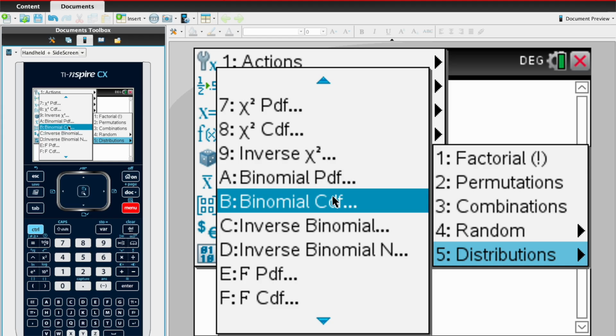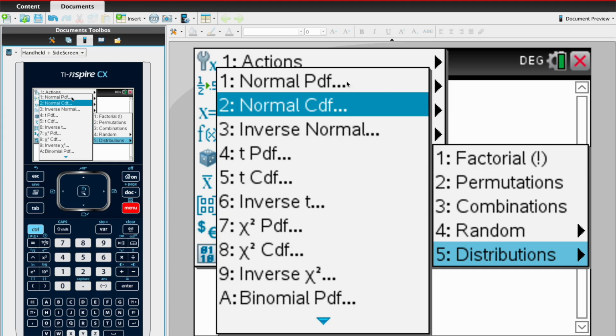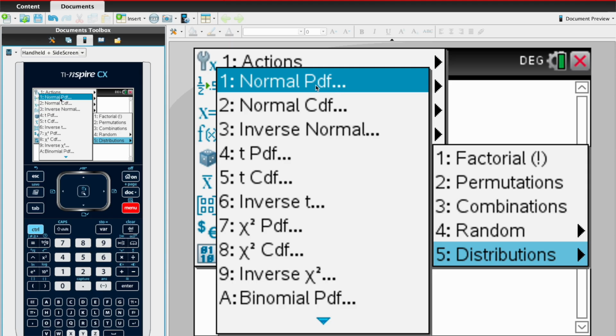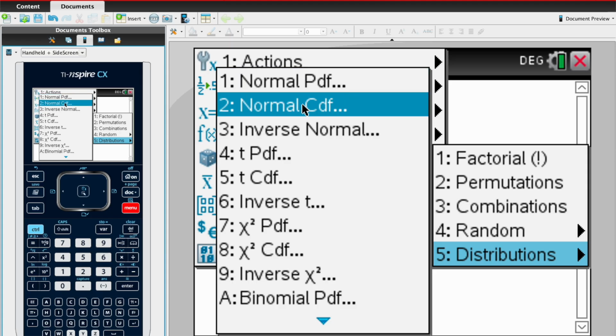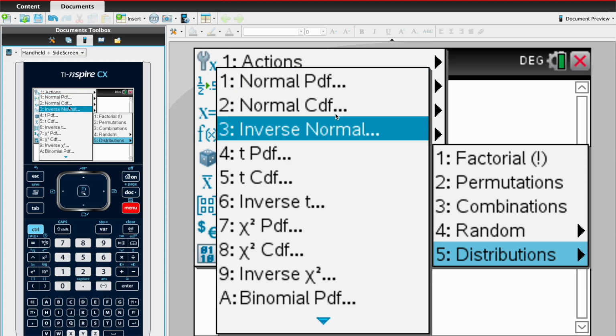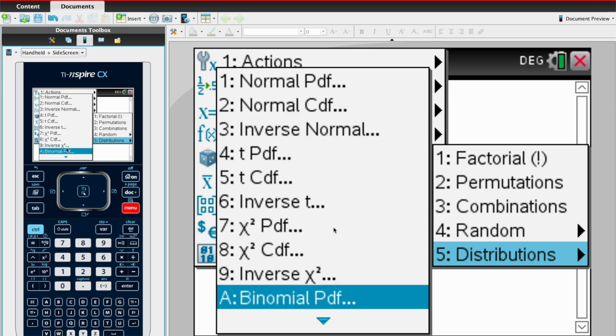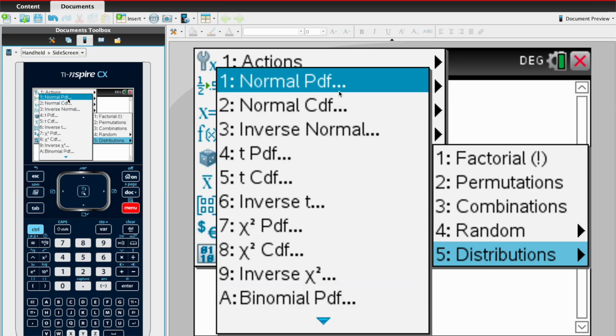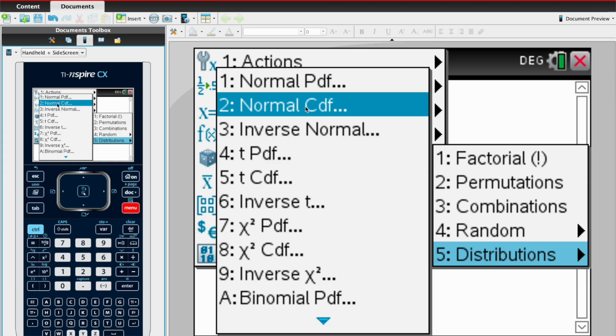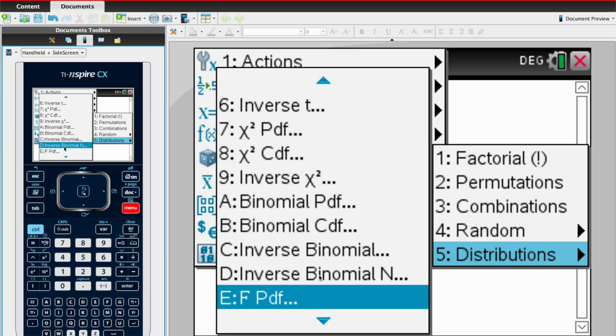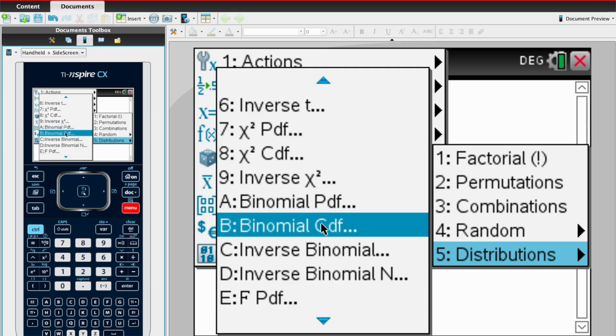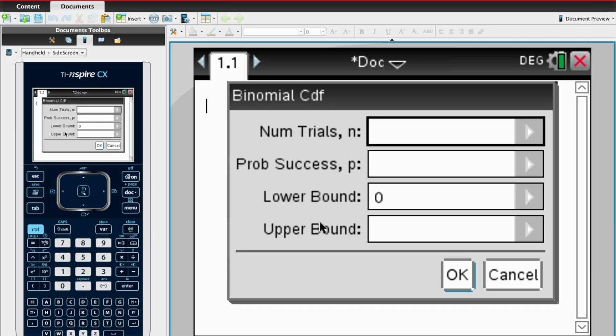I always like CDF just to keep it constant, because we never use normal PDF in the applications interpretation, it's always CDF, talking about a range. So I'm going to use CDF, even though maybe it's a little unorthodox.